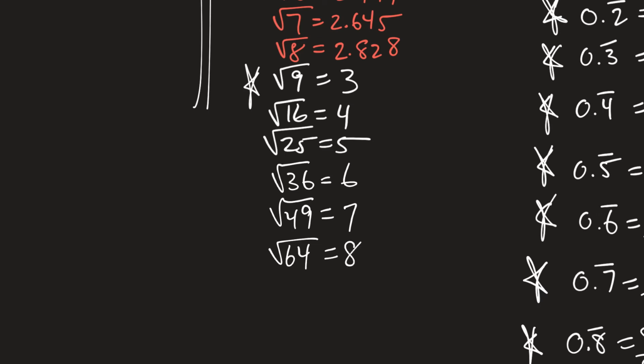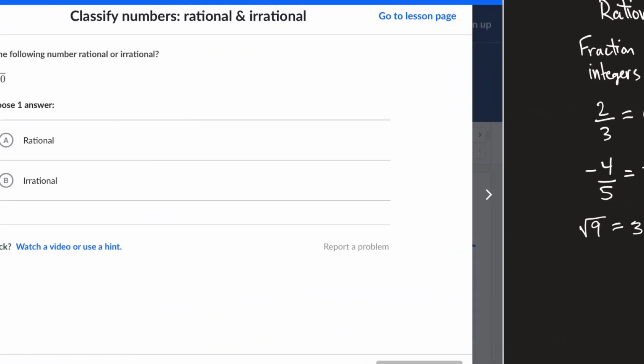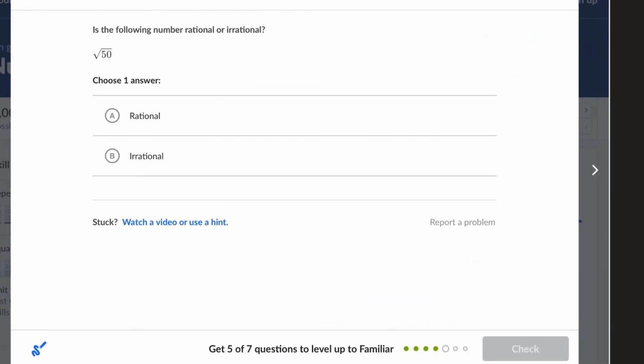And the square root of 50 is in between those, and I put that in that color because that's irrational. Any square root in between the perfect squares is irrational. And so we bring this over here, and I will say that this is irrational.